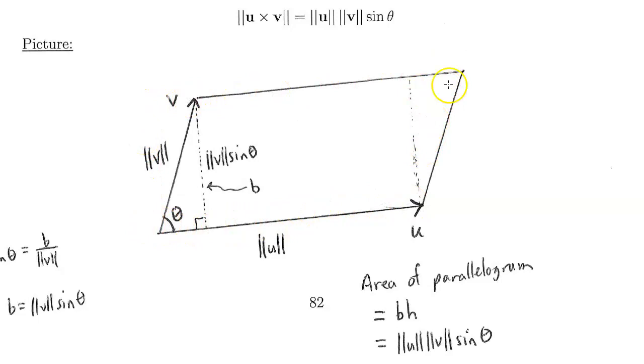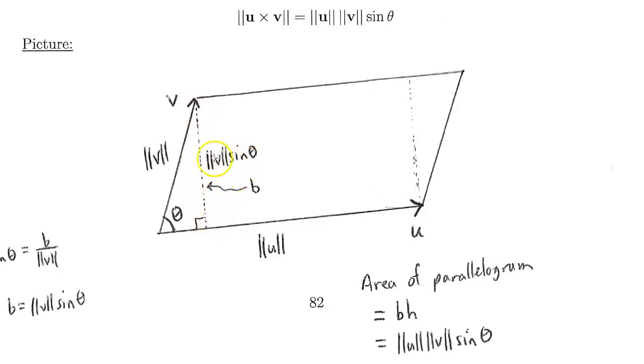If you cut along this dotted line and move this piece over to here, we'd have a rectangle, and the area of a rectangle is the length times the width, or the height. The length would be the norm of u, and the height would be this side that we're calling b. Now ignore that it's the norm of v times sine of theta, because that's what I want to show it's equal to. Let's call it b.